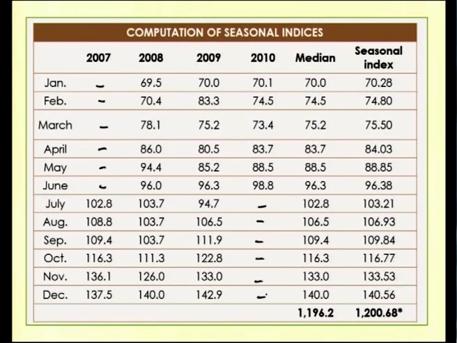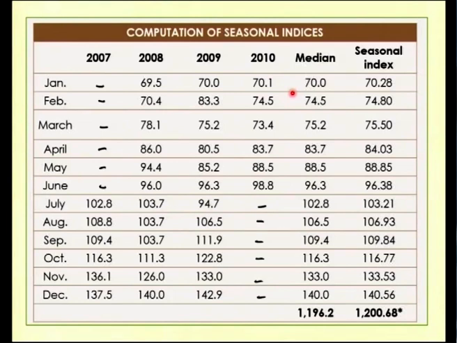After that you calculate the median, in the sense the center value. How do you find the median? First of all, arrange the values in either ascending or descending order and take the middle value. When there are 2 midpoints, take the average of the midpoints.